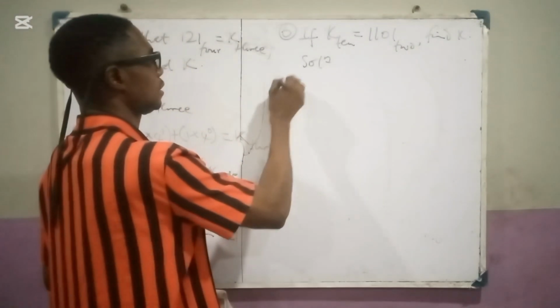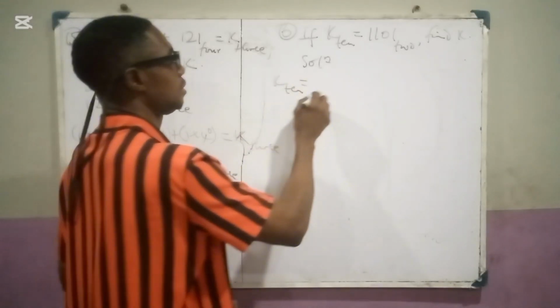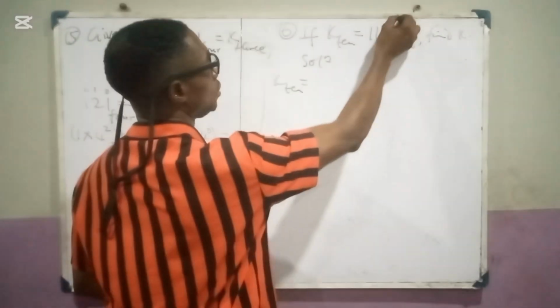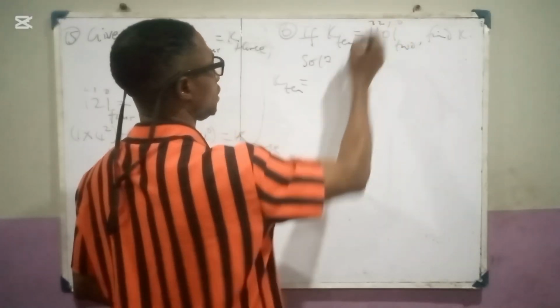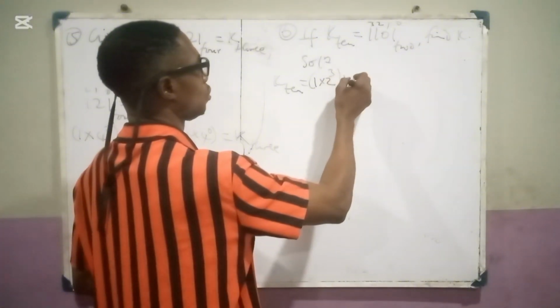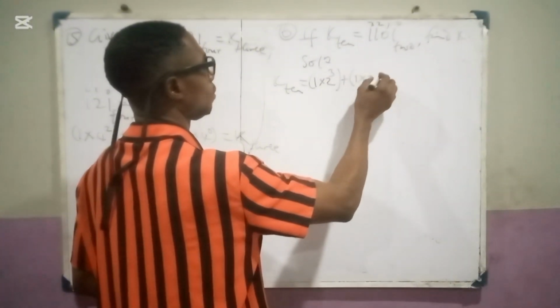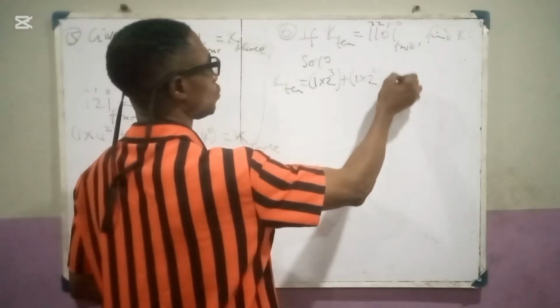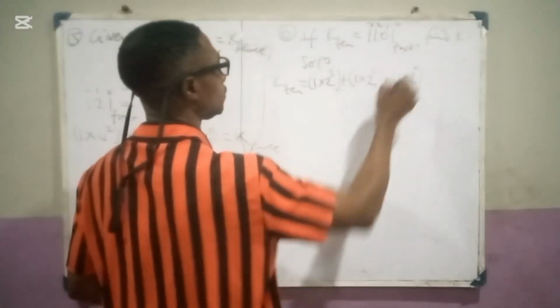We can therefore say that k in base 10 is equal to, with positions 0, 1, 2, 3, 1 times 2 raised to the power 3 plus 1 times 2 raised to the power 2 plus 1 times 2 raised to the power 0.